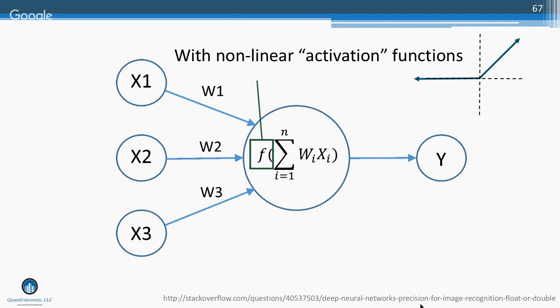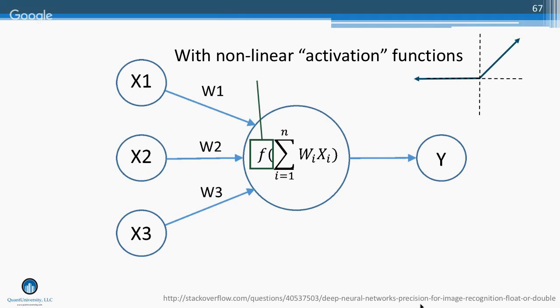If your input all adds up to a negative value, then it doesn't activate, and you just get a 0. That's how some of the neurons, units, cells in your network are going to activate when certain features of your input are present, and others will activate when other features are present, and hopefully you learn weights that make this do something useful.